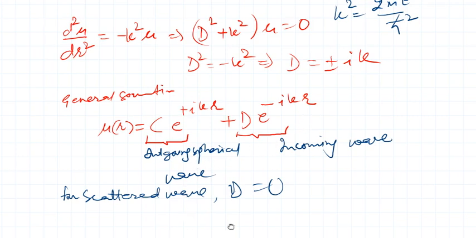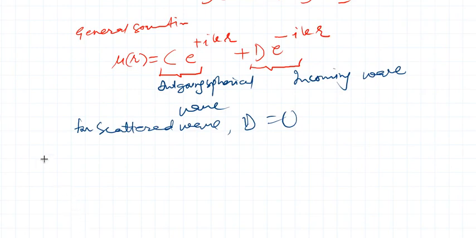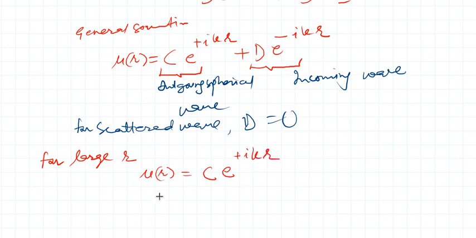So for large R, what solution are we getting? The solution is u(r) equal to C e raised to power plus iota kR. This solution we get. Okay? And R is capital R, right? We assumed that.